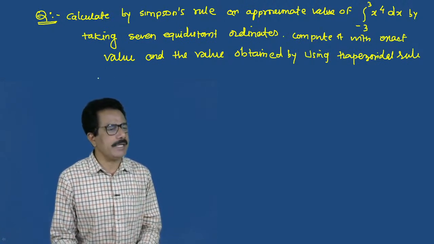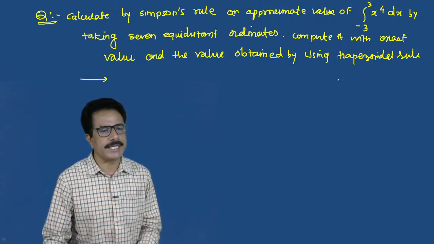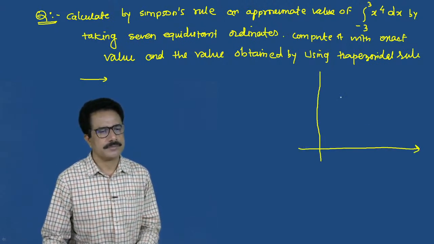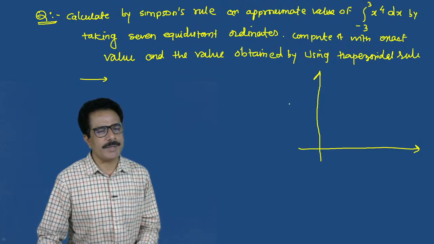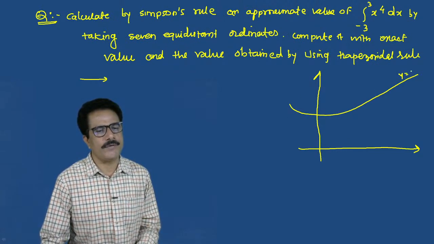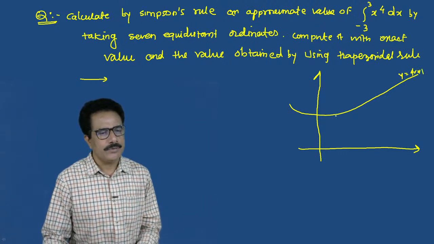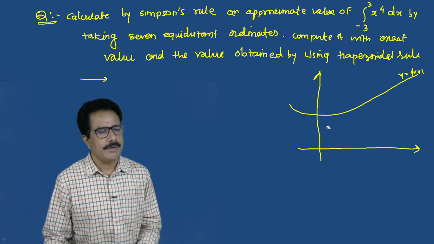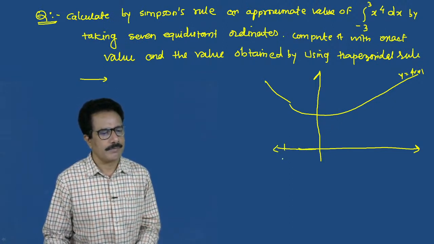Compute with the exact value. Actually we have to find the integral of the function. Suppose x raised to 4, y equals f of x. We have to calculate this value from -3 to 3.